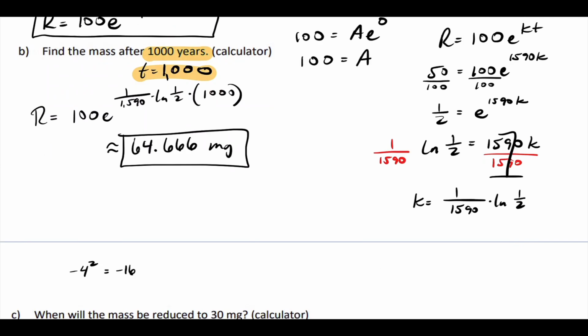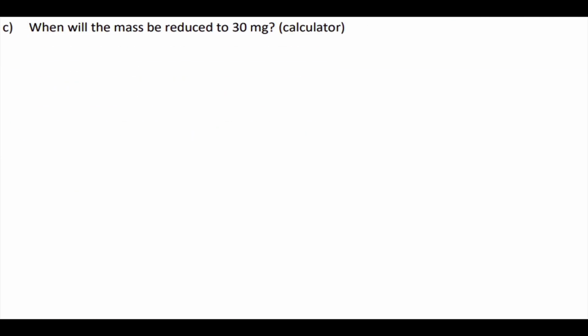Okay, all right, so now question C. When will the mass be reduced to 30 milligrams? When will this number, when will R equal 30 milligrams? That's what it's asking for. So now what are we solving for here?